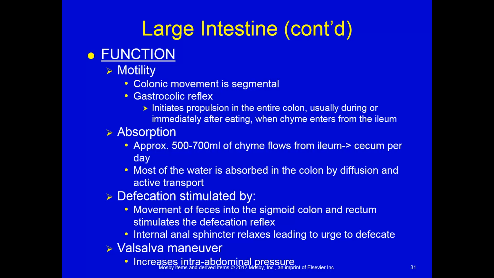So if you don't have any contact or clinical experience with a colostomy yet, what it basically is, is that for some reason they would have to have removed part of the colon, maybe because of cancer or some other type of disease process. And let's say they take out this part of the colon because of a cancer or tumor or something, and they would give someone a colostomy here in the transverse part of the colon.